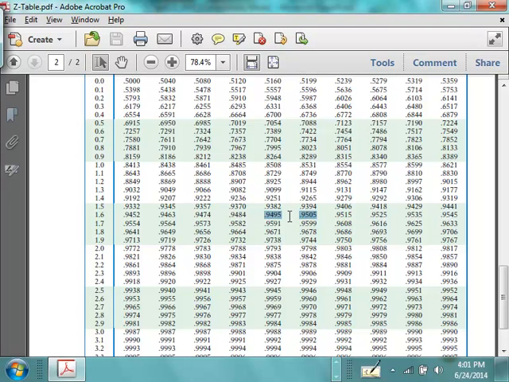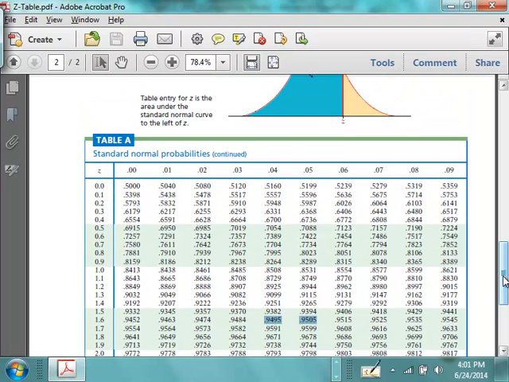So if I want to find a z-score, I could locate that as 1.6, and then going up to the top, halfway between 0.04 and 0.05, so we can have 0.045. As in 1.645 is the z-score associated with the 95th percentile.